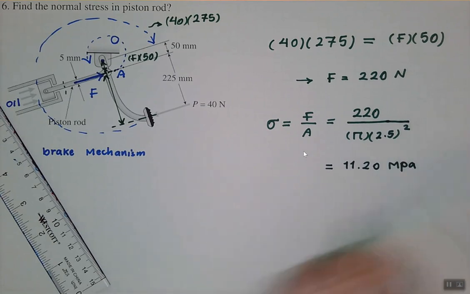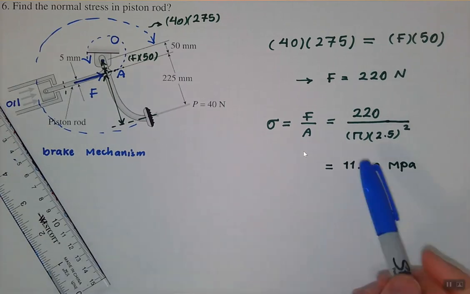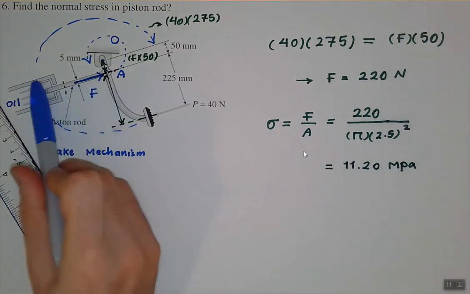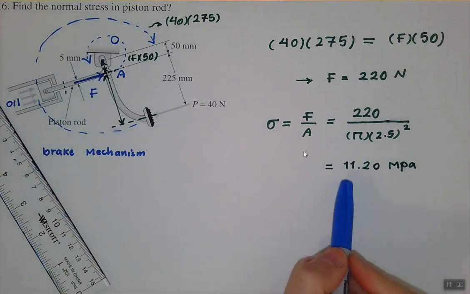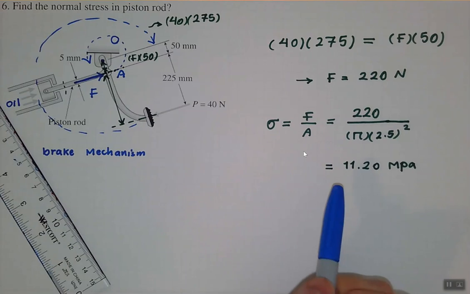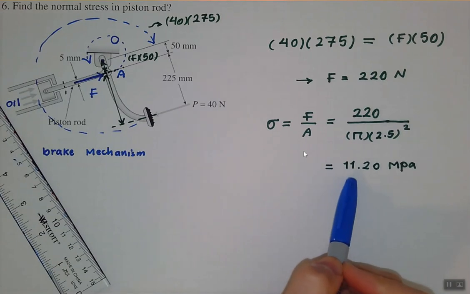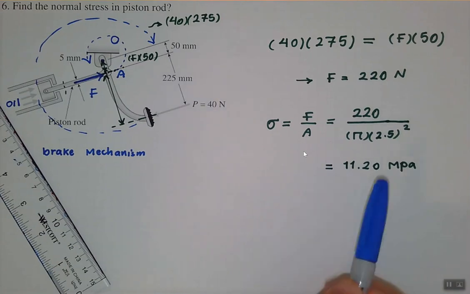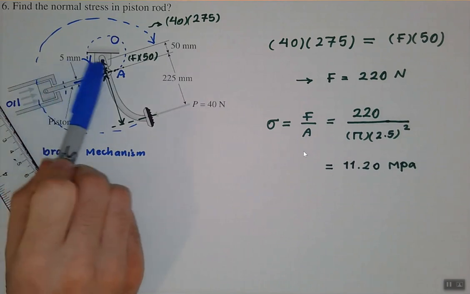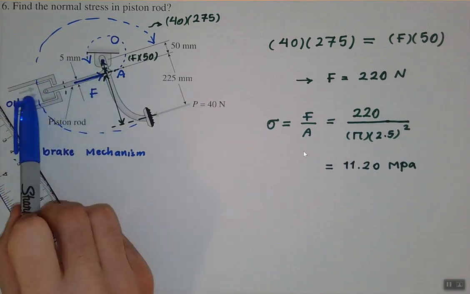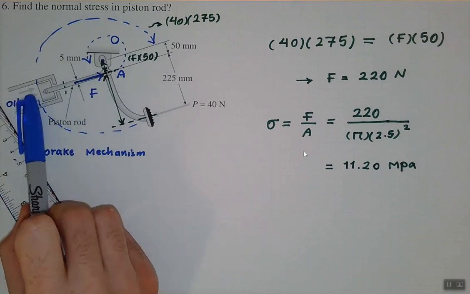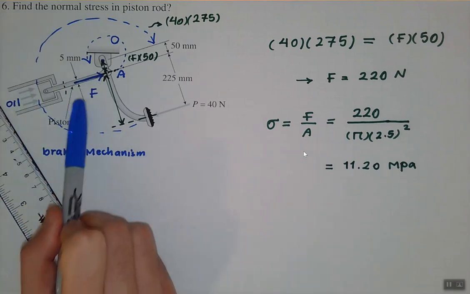megapascal. So for now, you may say, well, what's the point of calculating and knowing the stress in this rod? Later you will see when we do the design, this number is very critical, because we need to decide what type of material to pick for this rod to avoid failure.